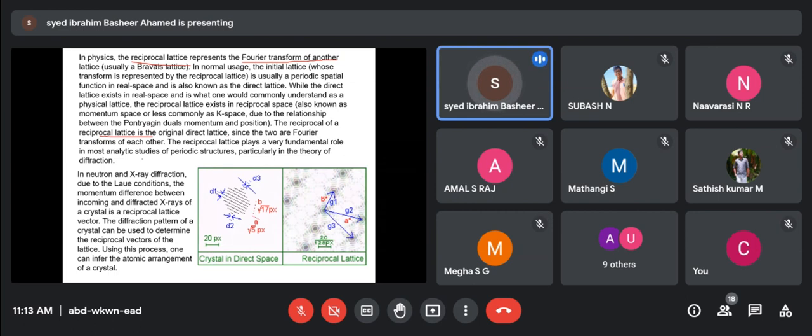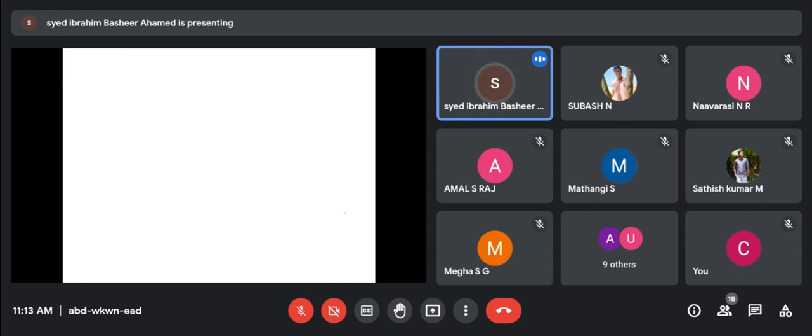Since the two are Fourier transforms of each other, once we get the data, we will use the Fourier transformation. We will do the Fourier calculation and we will be able to find out the electron density.